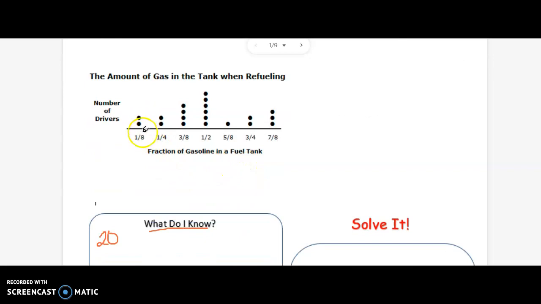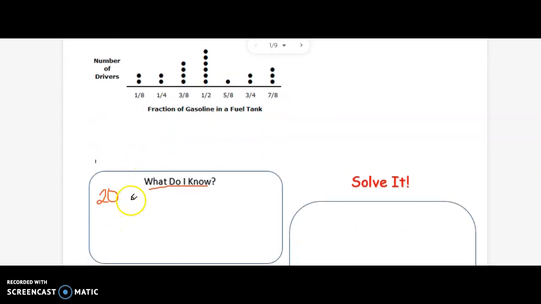And we also know that 2 of them have 1/8 of a tank, 2 of them have 1/4 of a tank of gas, 1, 2, 3, 4 of them have 3/8, 1, 2, 3, 4, 5, 6 of them have 1/2 a tank, 1 of them has 5/8 of a tank, 2 of them have 3/4 of a tank, and 3 have 7/8 of a tank.